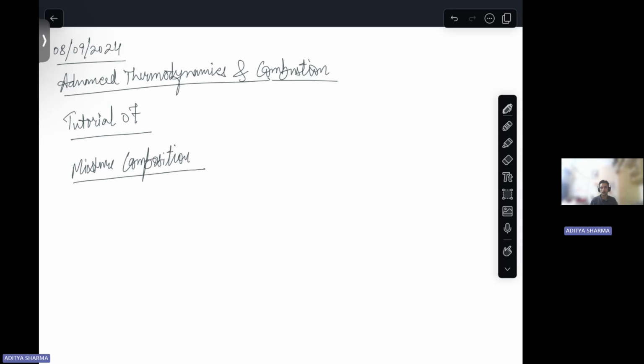We will add the different masses of different components, and this is how we get the total mass. Then there is the total number of moles. That also is very straightforward. We can add the number of moles of each component, and this is how we can get the total number of moles. Right? Then comes mass fraction.